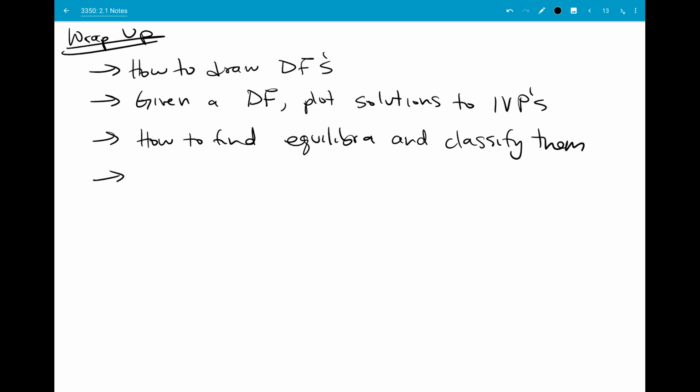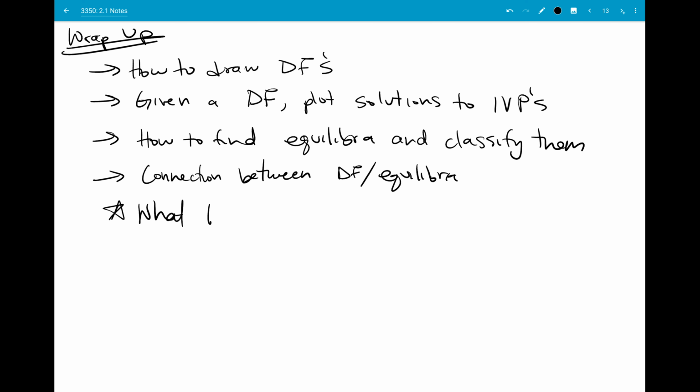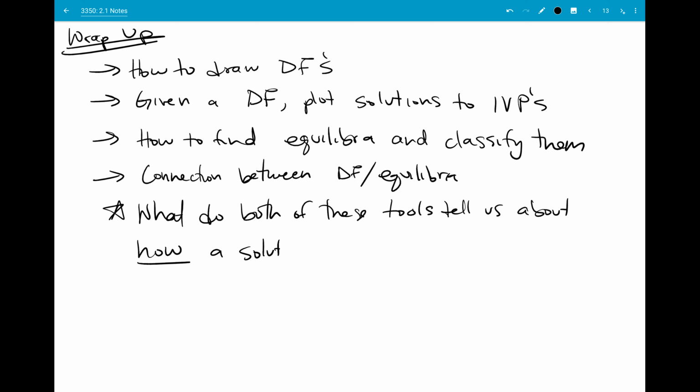And between those two problems, we looked at the connection between direction fields and equilibria. And most importantly, what I want you to take away is, what do both of these tools tell us about how a solution to an ODE behaves?